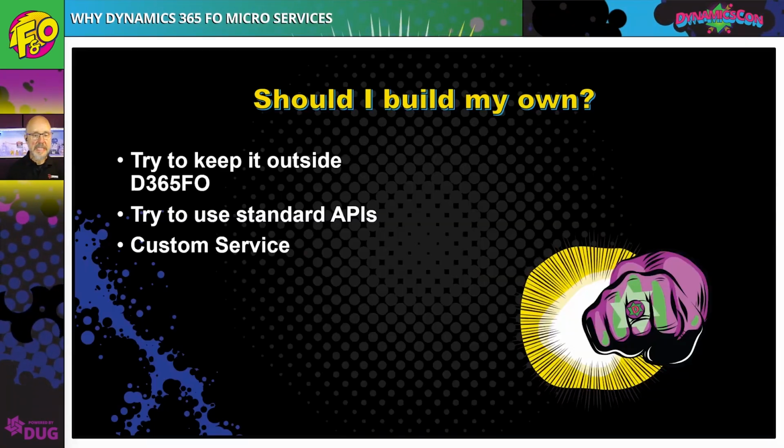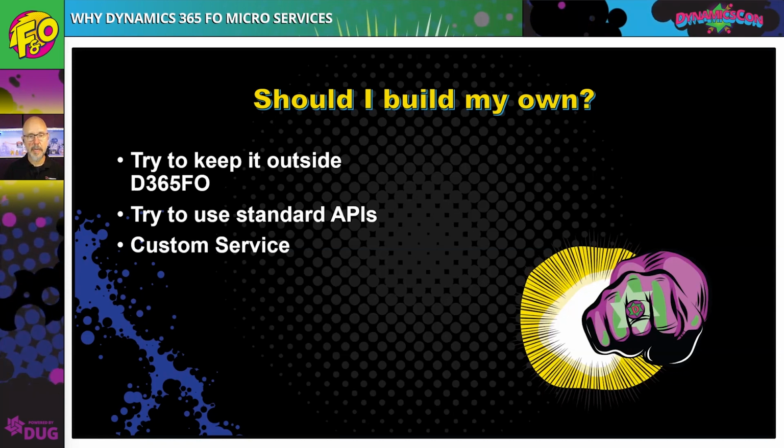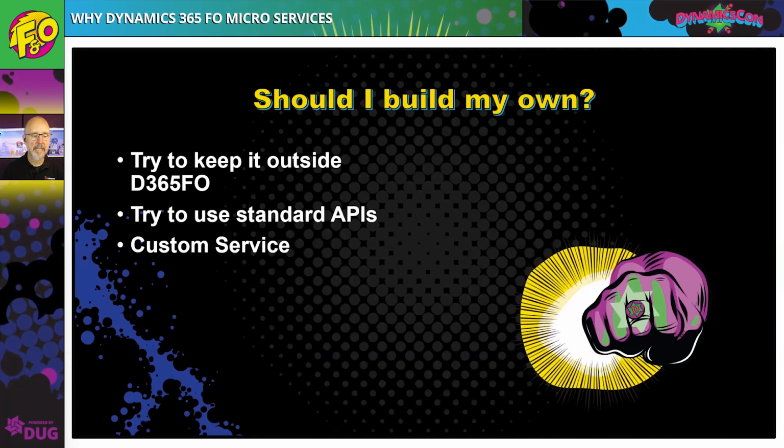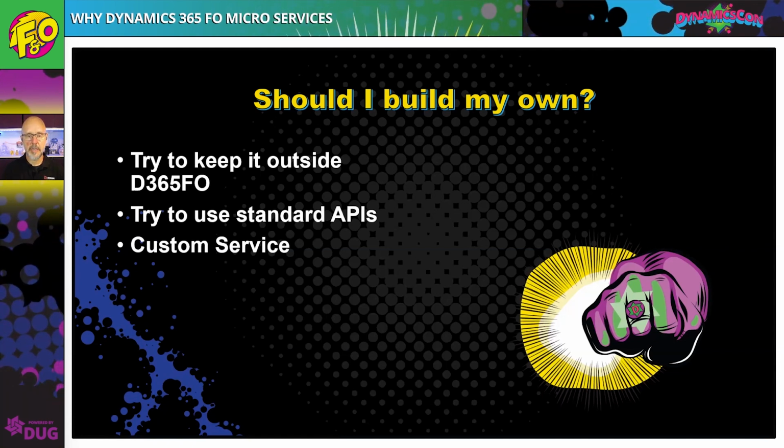There are a couple of other reasons as well for keeping it outside of the system. Maybe we have a solution which is not really suited to be in Dynamics, or maybe we actually want to try to replace functionality. So I have an example from a customer that had a system, and they wanted to acquire orders.